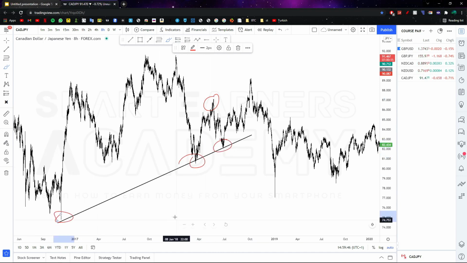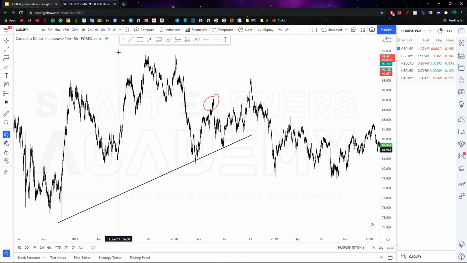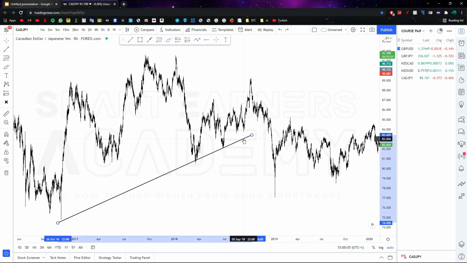You don't want to use this trend line as a place to buy from, but instead as a direction. You don't want to buy at this point because we're so far away from the trend line. It's been respecting this trend line on a higher time frame, and so this would be useful.